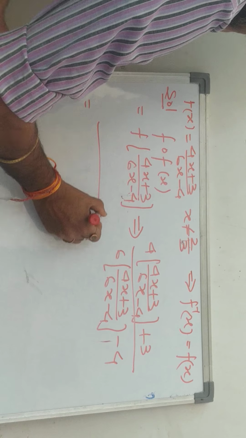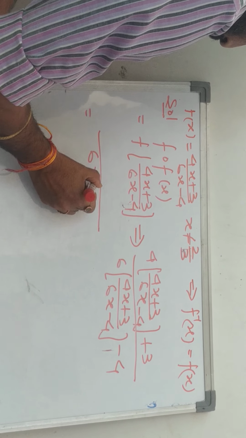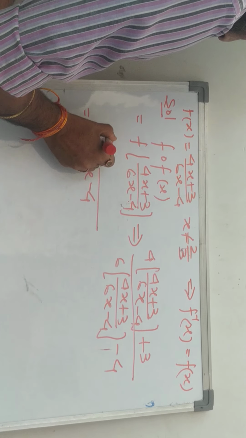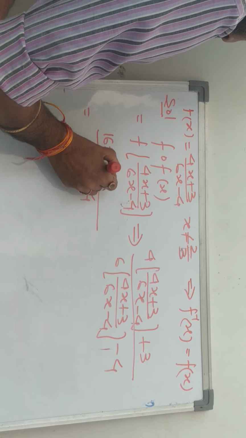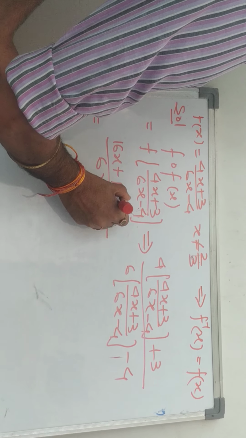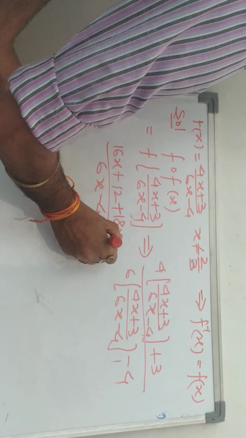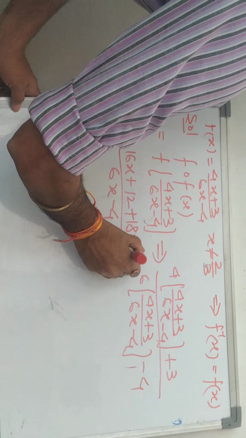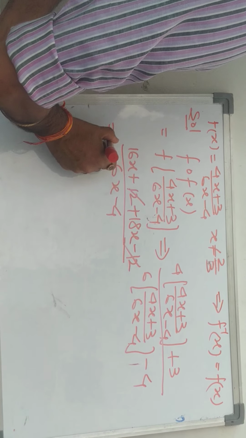In the numerator, 6x minus 4 is taken as the LCM, and it converts into 16x plus 12 plus 18x minus 12. Minus 12 and plus 12 cancel.